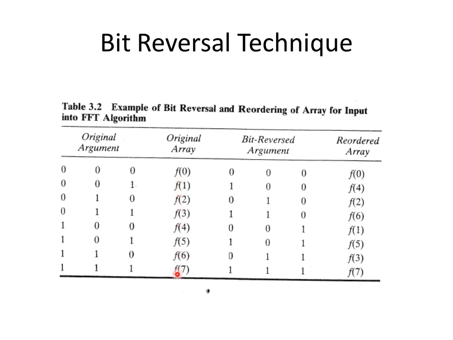So if we apply the input in this fashion, then according to the bit reversal technique, we will get the output, which is X of k, in this pattern. First we will get X of 0, then at the second output stage we will not get X of 1, instead we will get X of 4, then X of 2, then X of 6, X of 1, X of 5, X of 3 and X of 7.